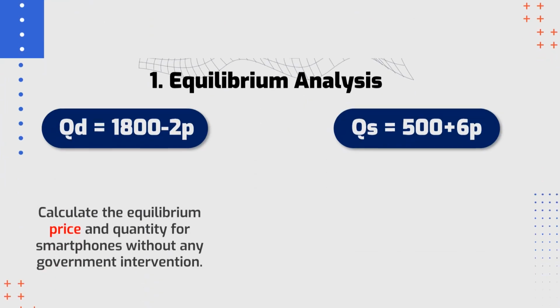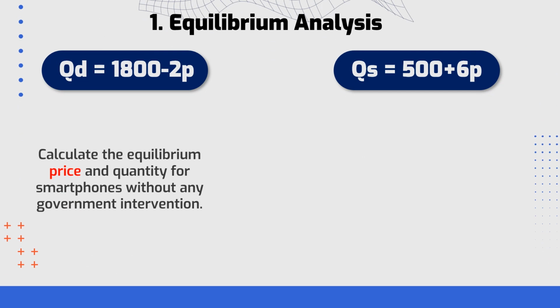So step one, the calculation of the equilibrium price and quantity. Equilibrium in the market occurs where the quantity demanded by consumers equals the quantity supplied by producers. In other words, this is a point that determines the market price and quantity of goods sold.